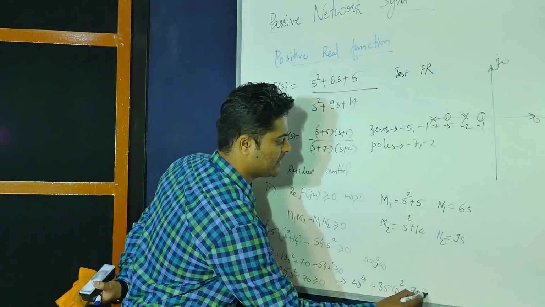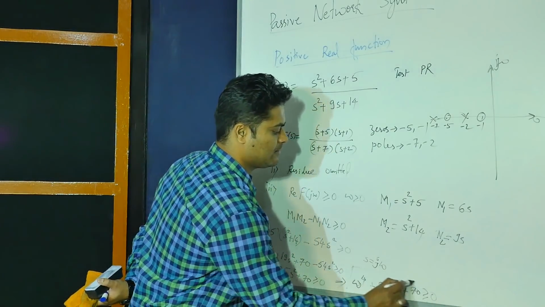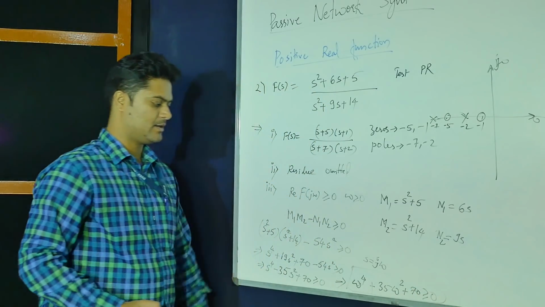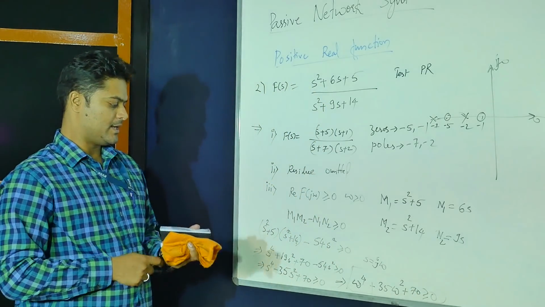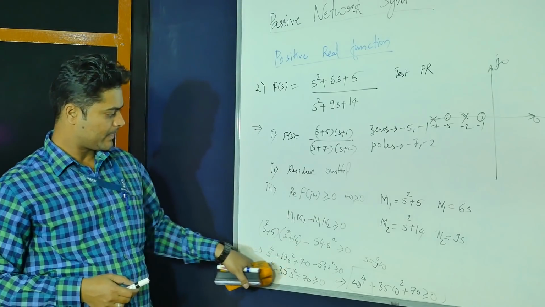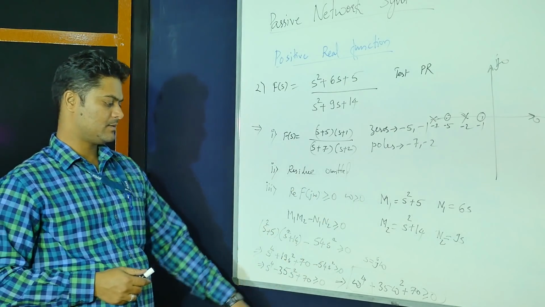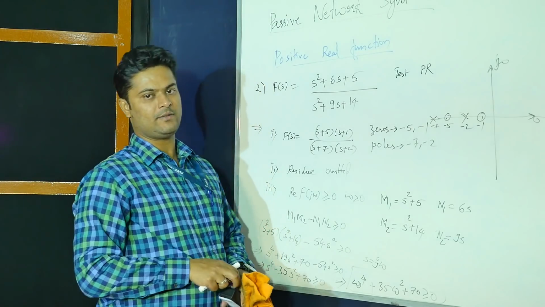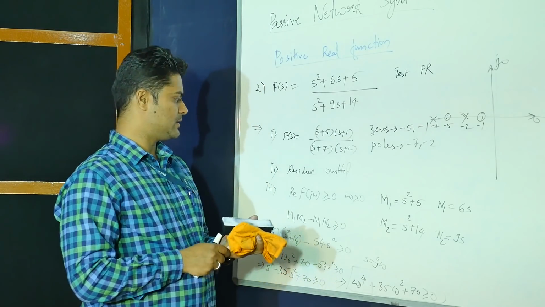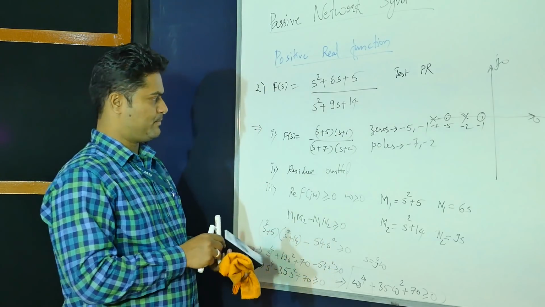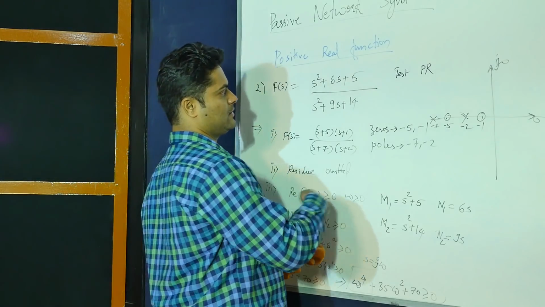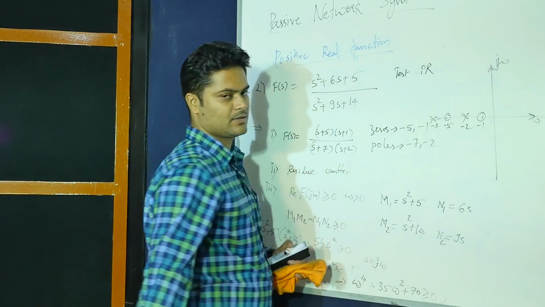Plus 70, greater than or equal to 0 or not? Please put in values of omega greater than or equal to 0. Hence the real part of f of j omega is definitely greater than or equal to 0, so our function is a PR function, a positive real function. Okay.